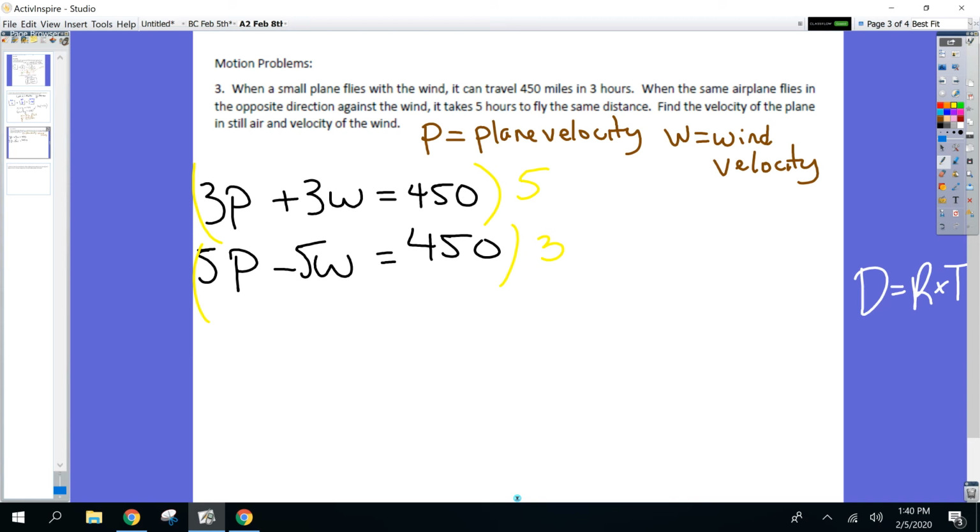So go ahead. I'll let you guys work now. Distribute 5 all the way through. Distribute 3. And it looks like you'll solve for the plane.